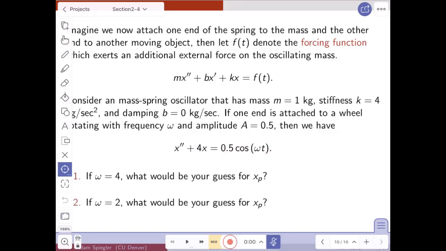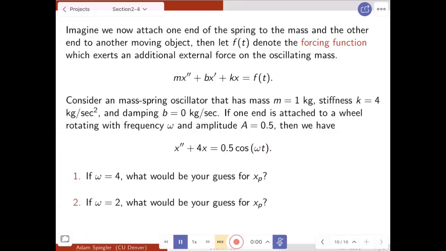And so let's think about what our guess would be for the particular solution if we had a value for omega, which is the frequency of how frequently the wheel is turning around, if that's equal to 4. So when we're finding guesses for the particular solution, recall our first step should always be to find the homogeneous solution.